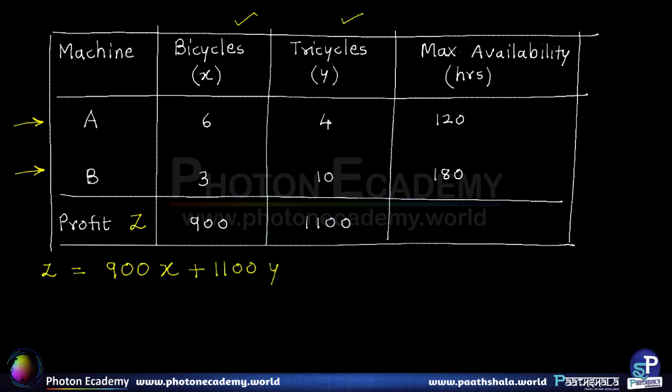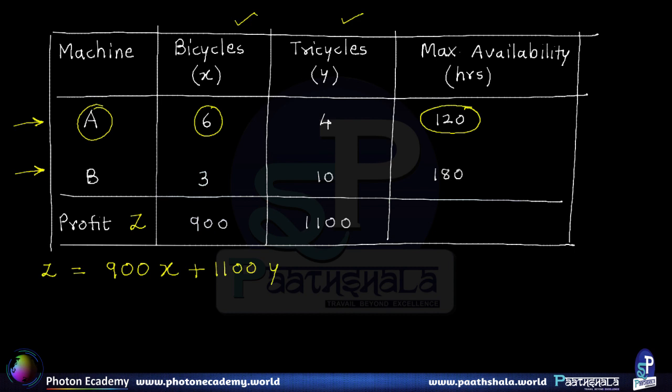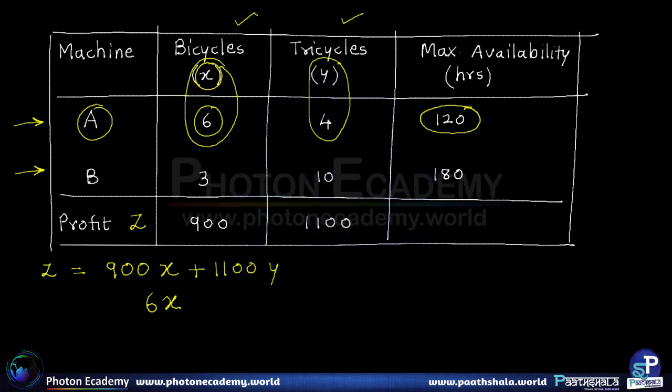The constraint is on the availability of machine A. So we have to find out how much time we are proposing to use on machine A. One bicycle needs 6 hours and we are trying to manufacture x bicycles, so the total time taken by x bicycles on machine A will be 6x. Similarly, the total time taken by y tricycles on machine A will be 4y.